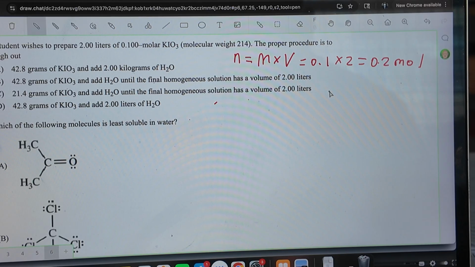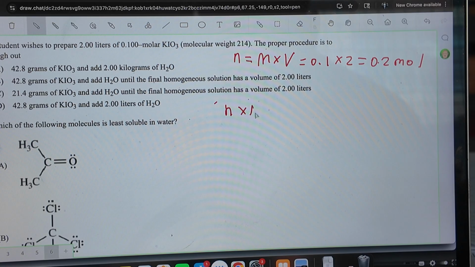And then you convert that into grams. So you multiply n times the molar mass, which is 0.2 times 214 grams per mole. That gives you 42.8 grams.